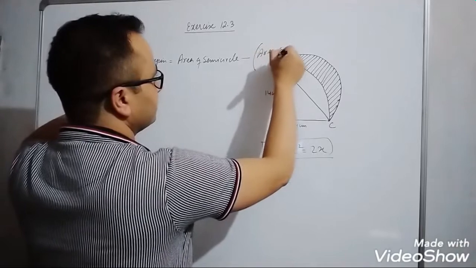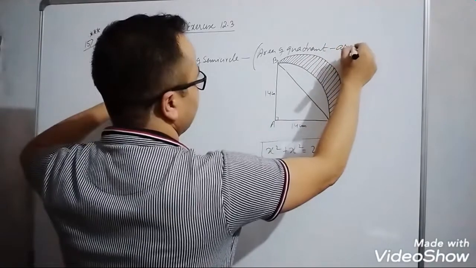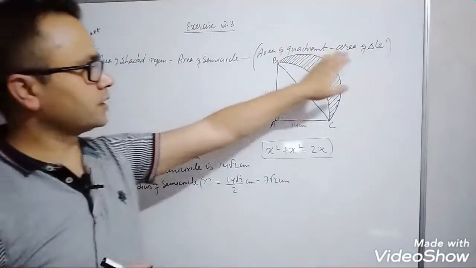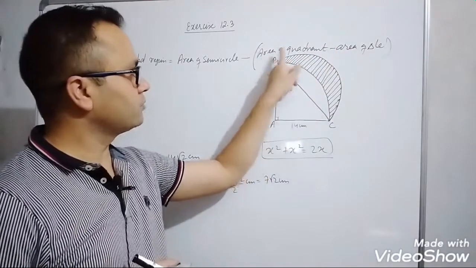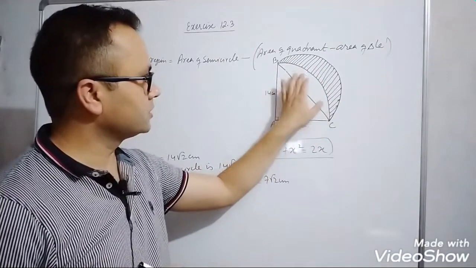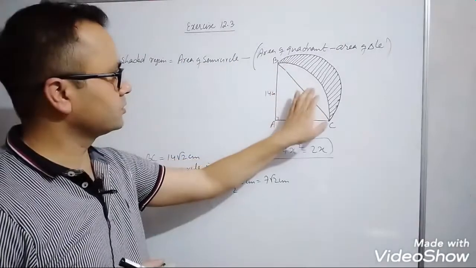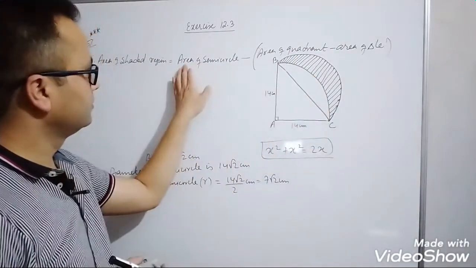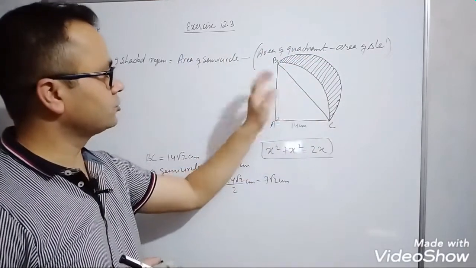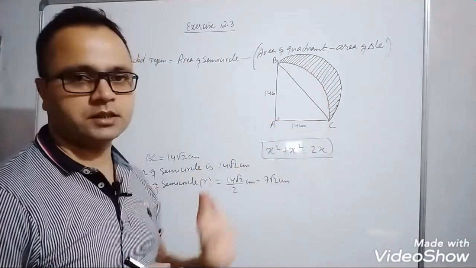Inside the bracket we will get this portion. This portion is left. After that we will subtract this portion from area of semicircle. So we will get shaded region.